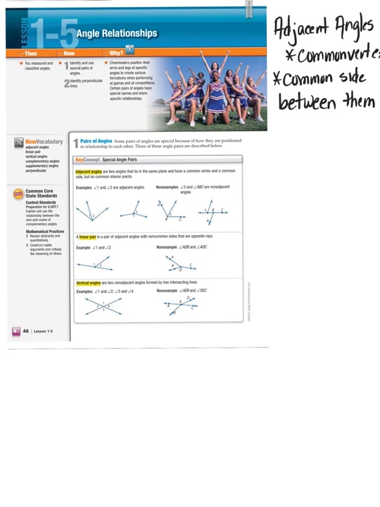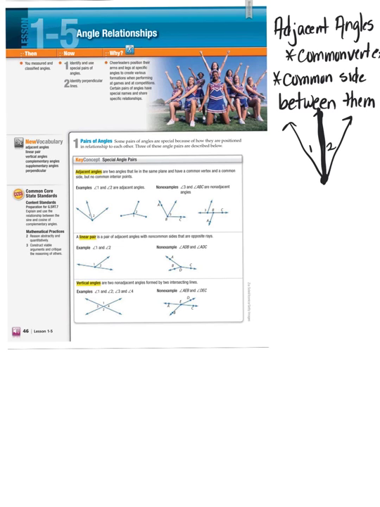So we would have something like angle 1 and angle 2. They're adjacent. They have a common vertex. They have a common side between them such that no points that are in the interior of angle 1 spill over into angle 2, and none of the interior points of angle 2 spill over into angle 1.